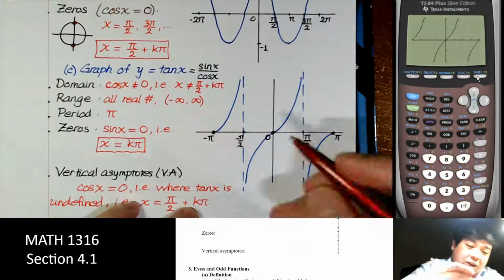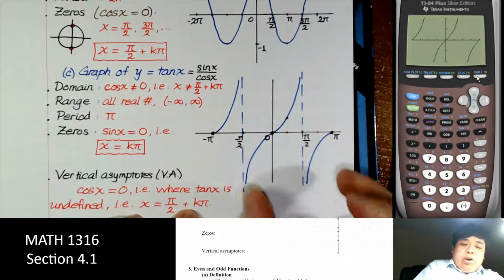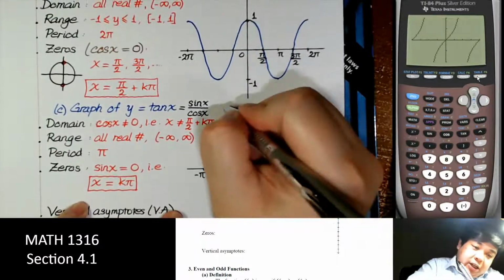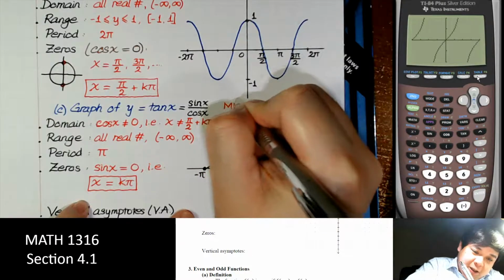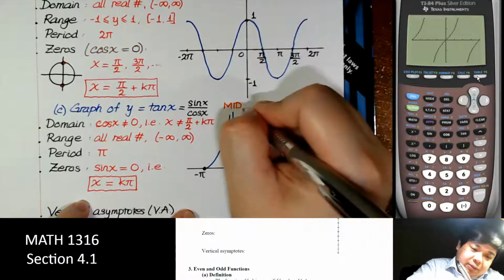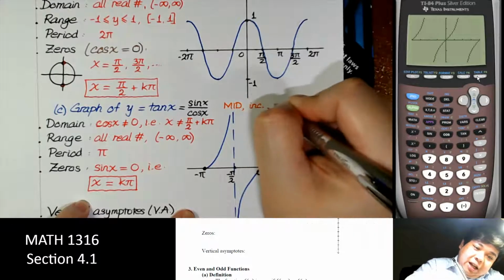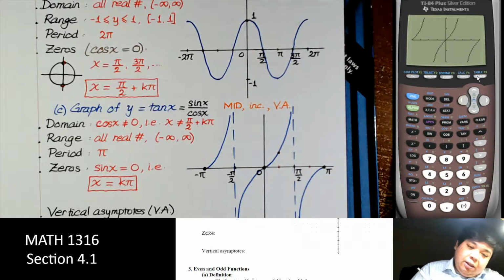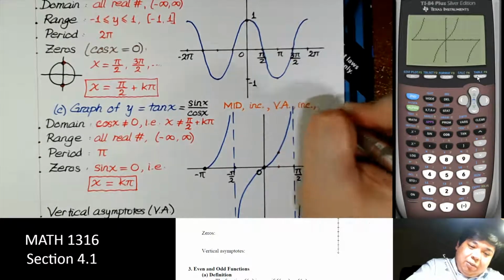By the way, if we want to graph better, we also have the point here. So technically we divide the interval from 0 to pi, a period, into 4 equal segments, and the pattern will be middle, which is 0, and then it will be increasing, and then there will be the vertical asymptote, and that's always increasing, and then back to the middle.